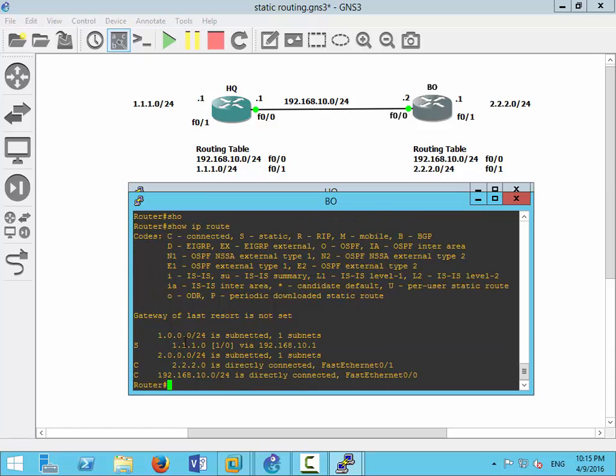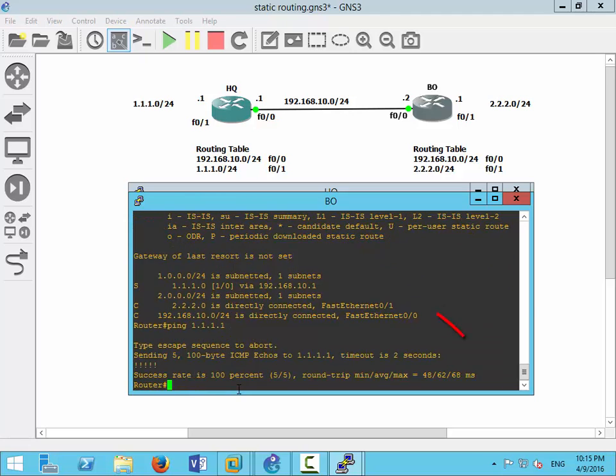Let's ping 1.1.1.1. Yes, it's working. So, whenever an IP packet arrives at a router, it will check its routing table to see if it knows about the destination network. If it does, it will forward the IP packet, and if it has no idea where to send traffic, it will drop the IP packet.